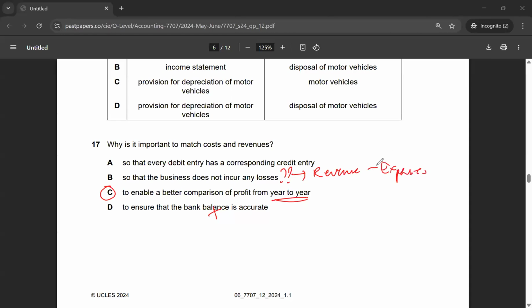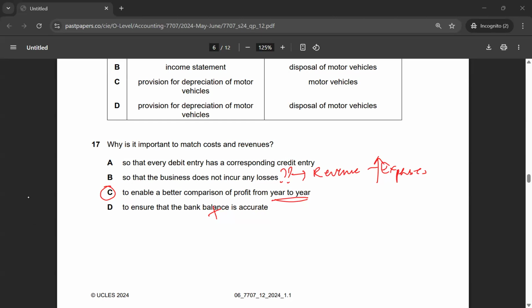That's the equation, right? So if your expenses are more than revenue, you will incur loss. The trader will incur loss no matter what, even if they try to match the cost and revenue. So that's why the correct answer for multiple choice 17 would be option C, to enable a better comparison of profit from year to year. It's about consistency.